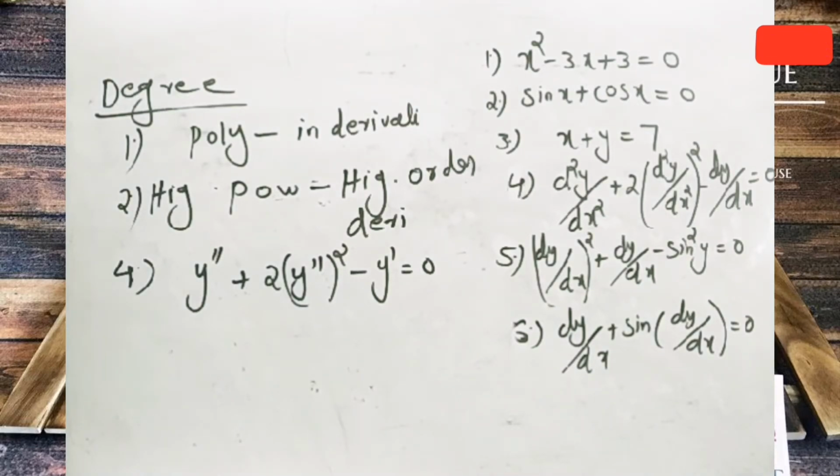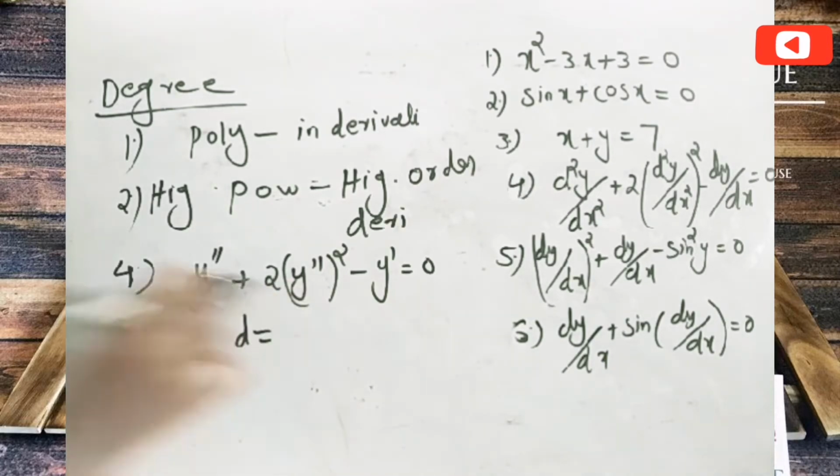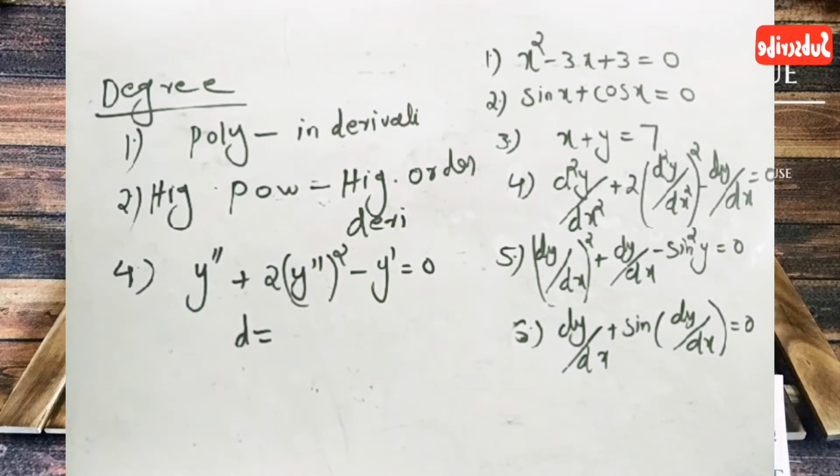This is a polynomial equation, right? It is a polynomial equation in y'' and y'. So we can write the degree of that equation. What is the highest order derivative present in it? The highest order derivative present in this equation is the second order derivative.